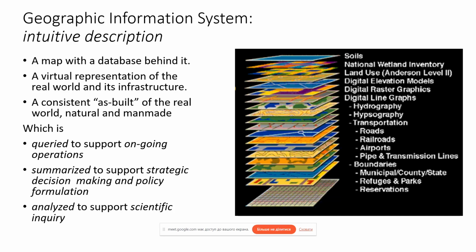So in our case, we can see spatial levels of soil, wetland inventory, land use, digital elevation models, digital raster graphics, digital line graphics, hydrology, hypsography, transportation, roads, railroads, airports, country boundaries, etc. So we can use different information, combine it, and compare it, and find spatial relationships between different layers.